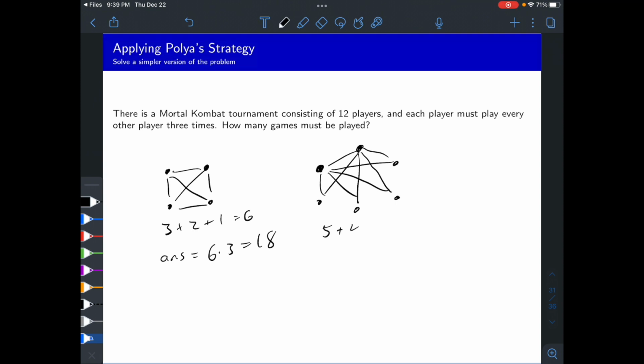Player 2 has 4 more matches because they already played player 1. Player 3 has 3 more matches. The next player has only 2 more matches, and the next player only 1 more match. By that point, the last player has already played everybody.